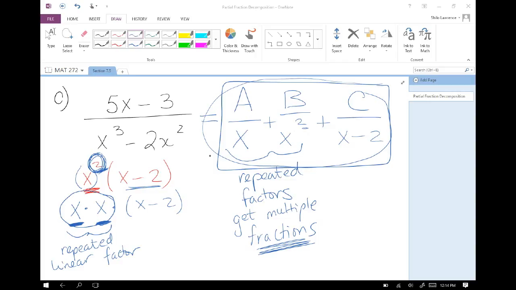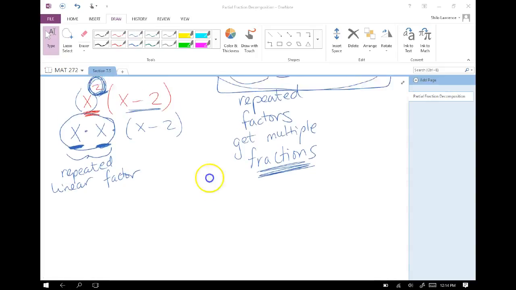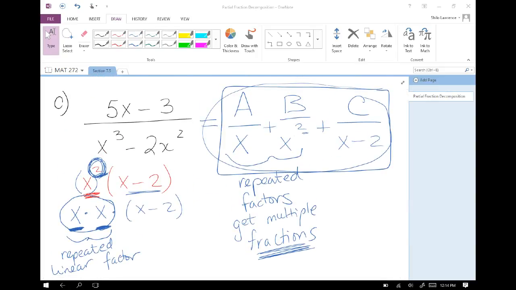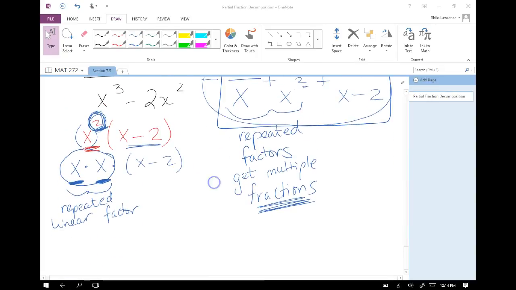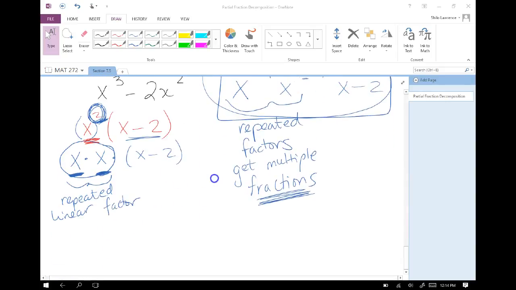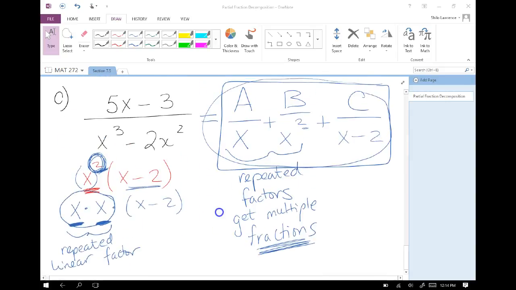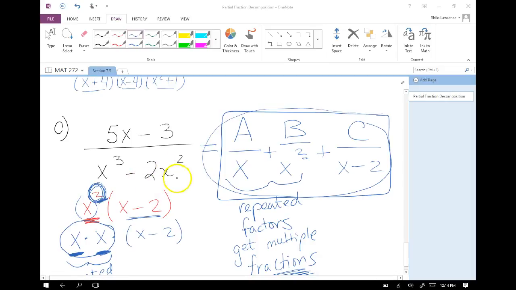So this is just a little preview of what we're going to be talking about on Wednesday. This will take most of the day on Wednesday, and we'll just do a lot of practice with these and see some more examples with the factoring and the setup, and we'll talk about how we're going to solve for those A's, B's, and C's and go through some full problems from start to finish with the integration and all of that stuff.